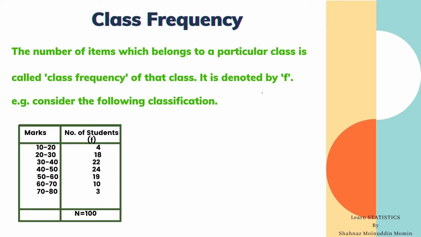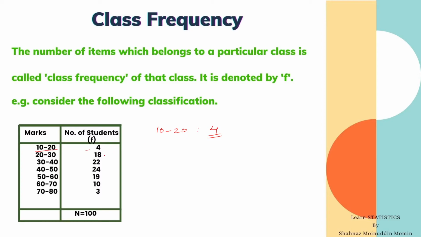In the above table, there are 4 students in the class 10 to 20. Consider the class 10 to 20. There are 4 students, so this 4 is the frequency of class 10 to 20.